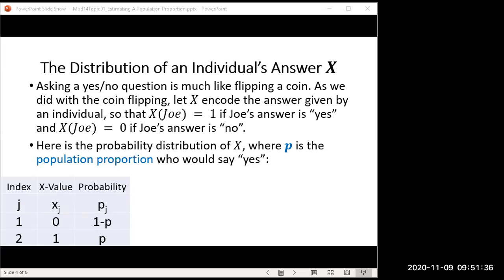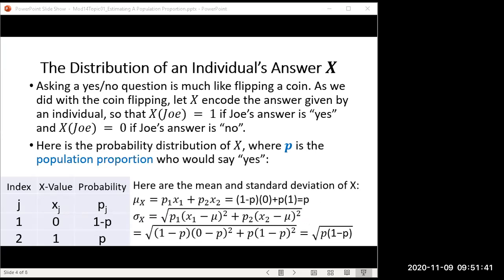Now our first goal, now that we have this distribution, is going to be to work out the mean and standard deviation. The mean of a discrete random variable is just the sum of the probabilities times the x values. We have two different x values, x1 and x2. So our mean is p1 x1 plus p2 x2.